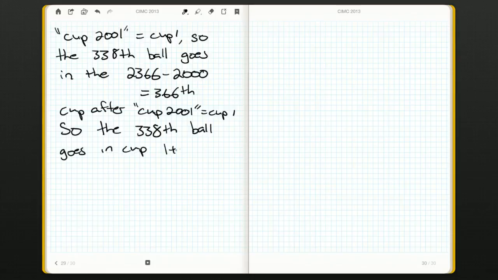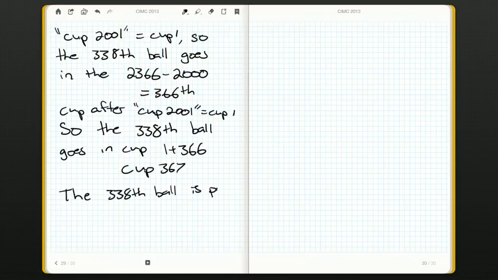So the 366th cup after 1 is going to be cup 1 plus 366. So the 338th ball is going to be put in cup 367.